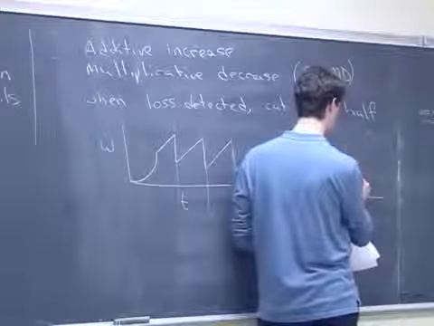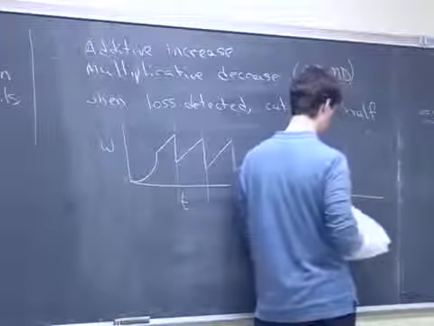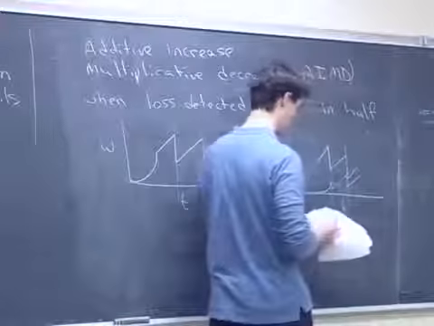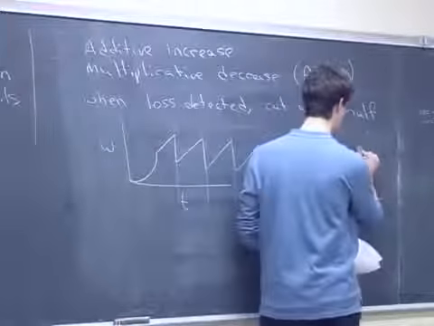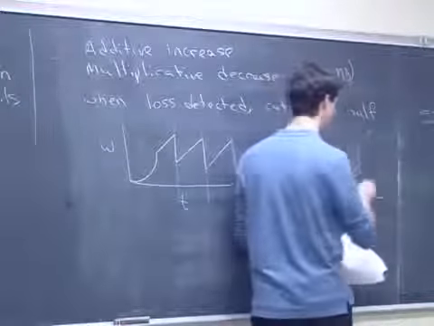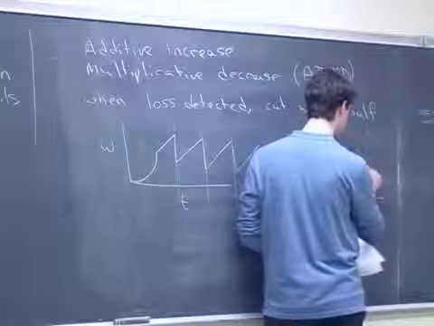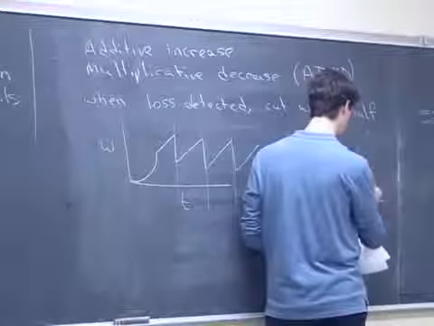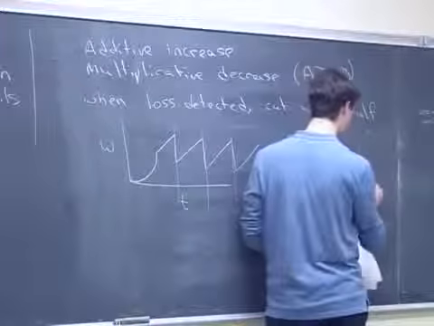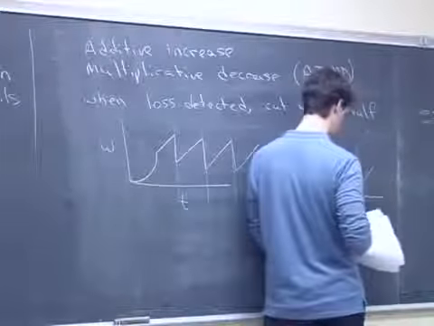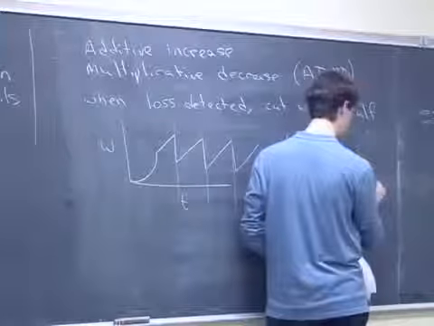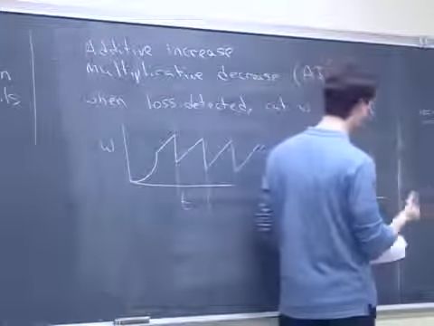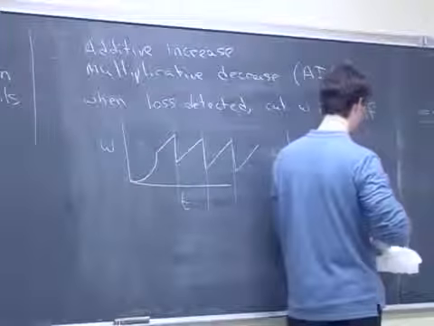Okay, and they keep sending. And they have another packet loss. So they cut it in half again. And so forth. So you can see that pretty quickly here they're converging to the exact same rate, right?